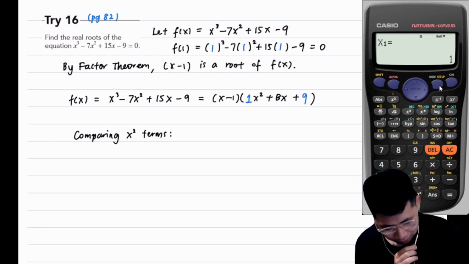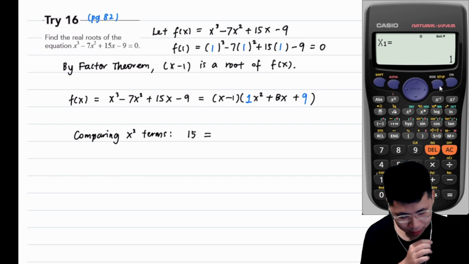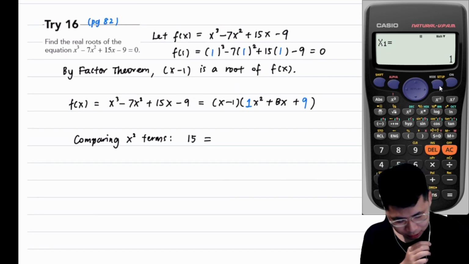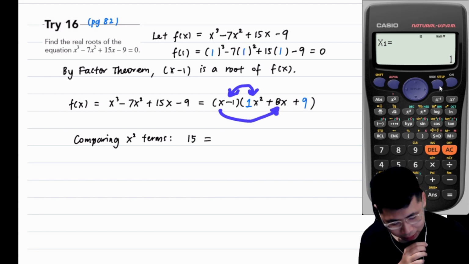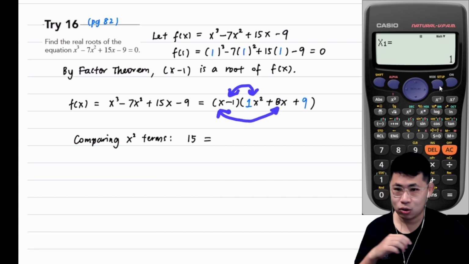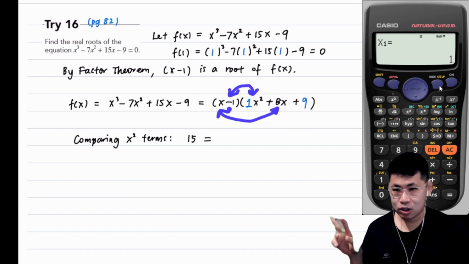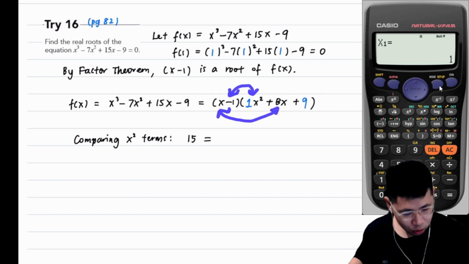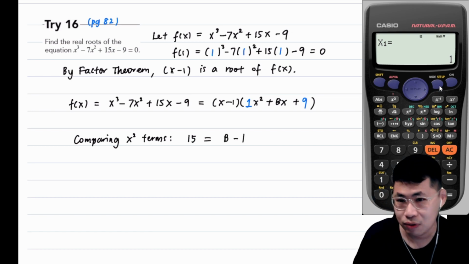Okay, on the left hand side, I have negative 7x squared. On my right hand side, negative 1 times x squared will give me my x squared term. So this is the first term that I'll get. The second x squared term I'll get is b times x, bx times x. So I have a bx squared and a minus x squared, so over here I can write b minus 1 as the coefficient.